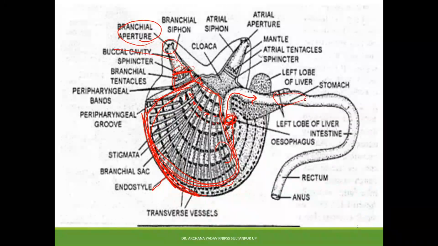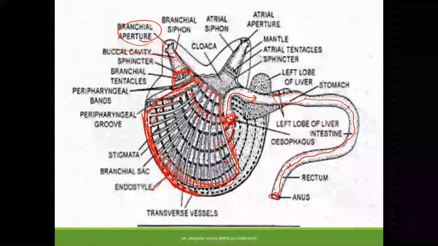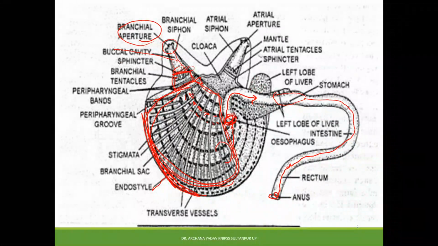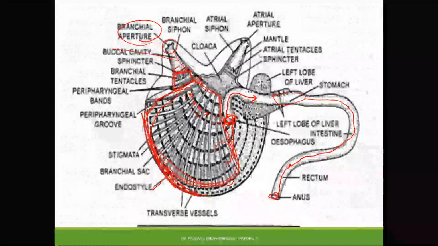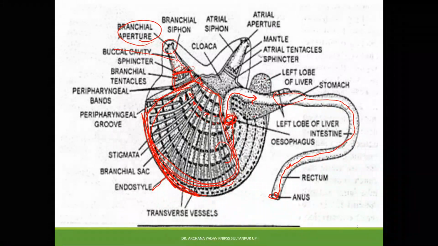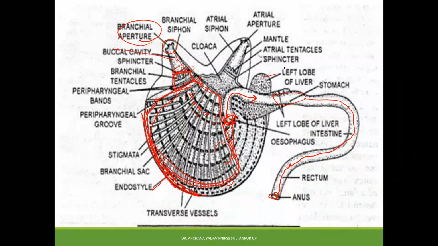This stomach further leads towards the intestine, and the last portion of the intestine is the anus. Around the stomach, on the lateral side, the liver is present. There are two lobes of the liver: one is the left lobe of liver and second is the right lobe of liver.